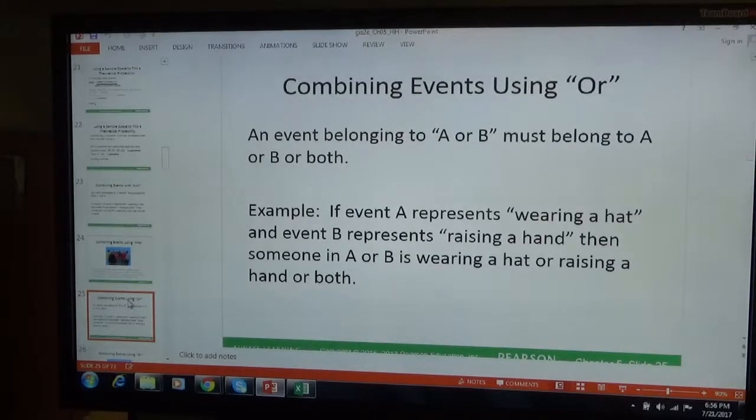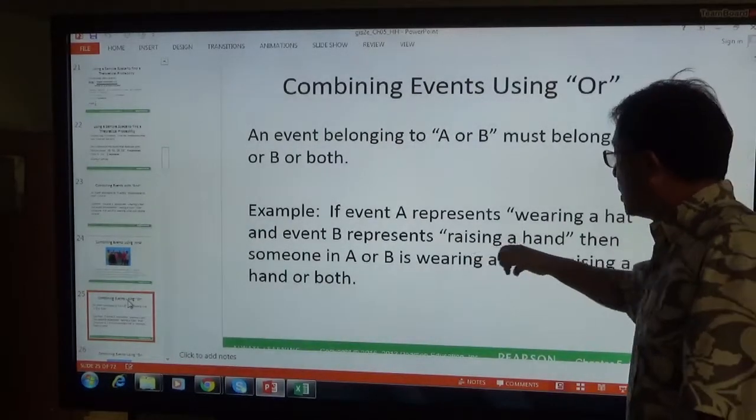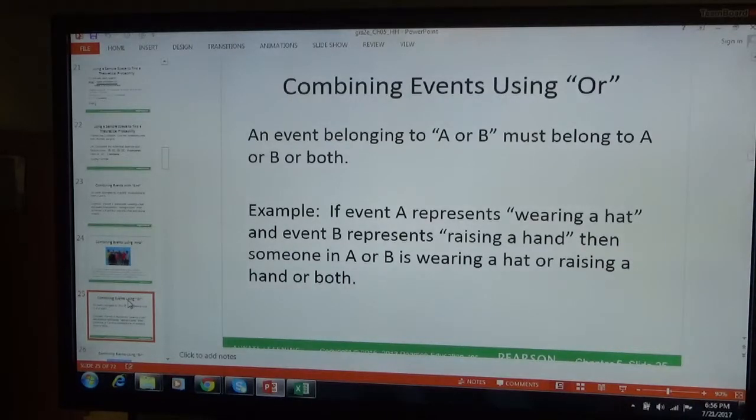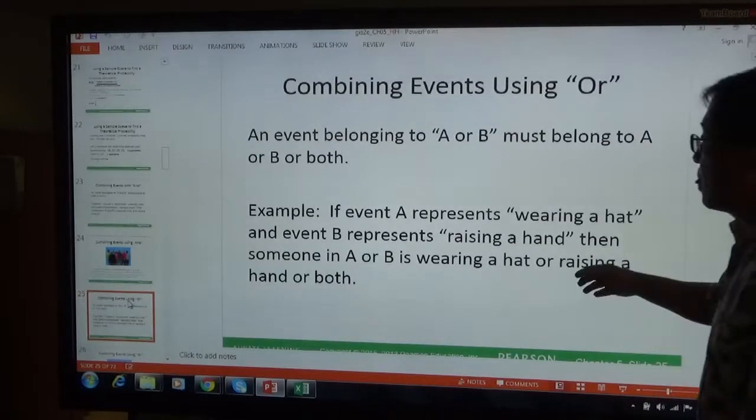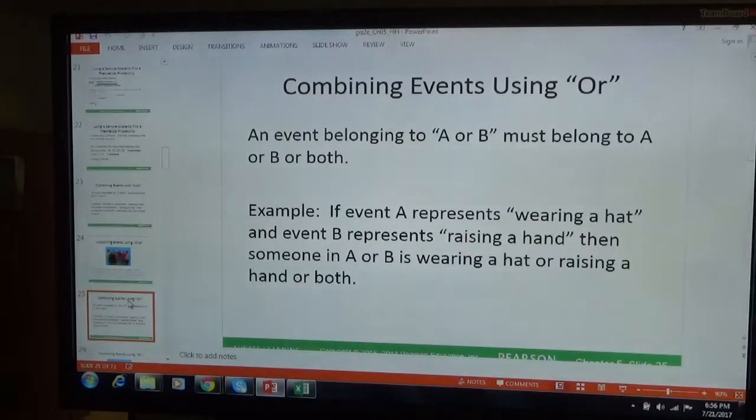So in our example, if A is wearing a hat and B is raising a hand, then the probability for A or B is someone who is wearing a hat, or raising a hand, or both.